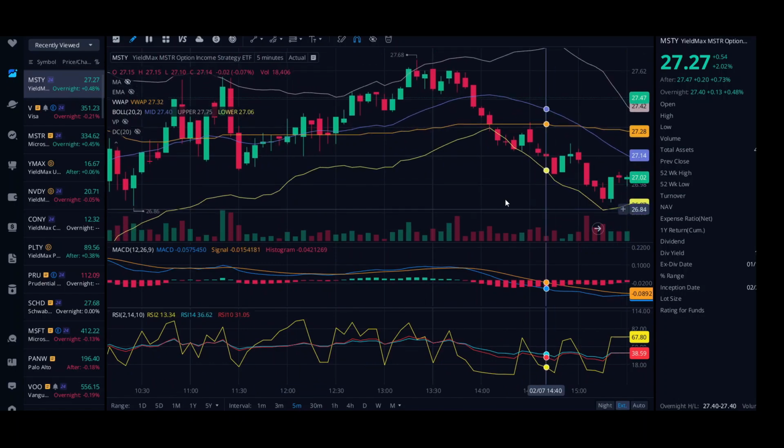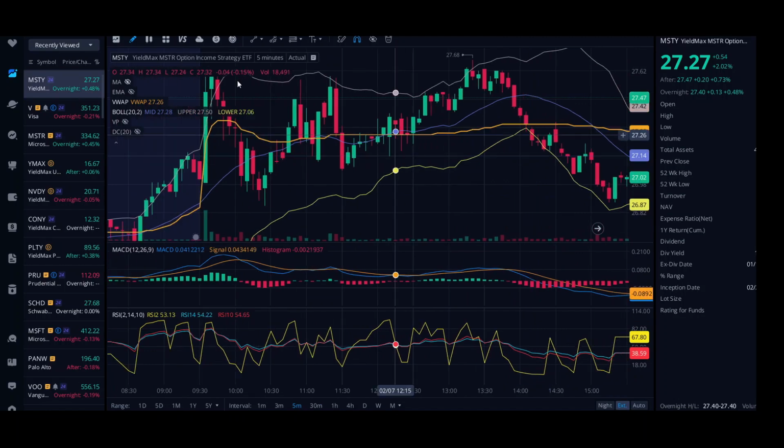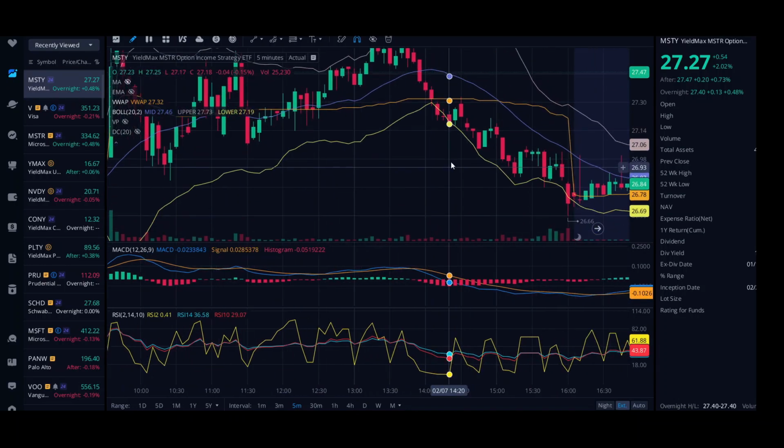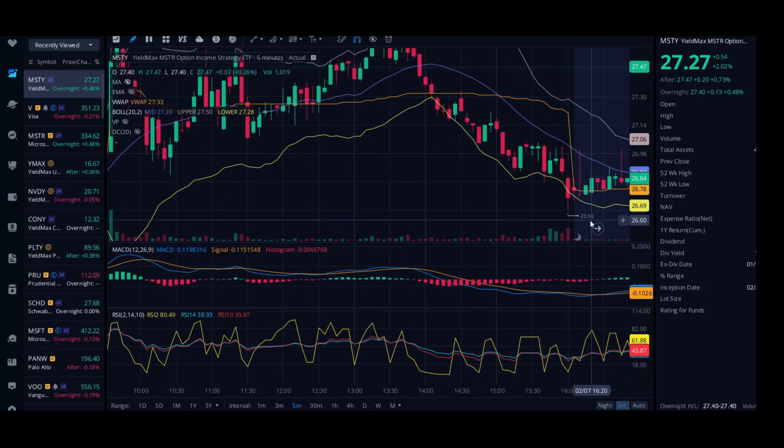As you can see, it came out at probably around that $27. It went as high as $27.68, and it went as low here as $26.66.